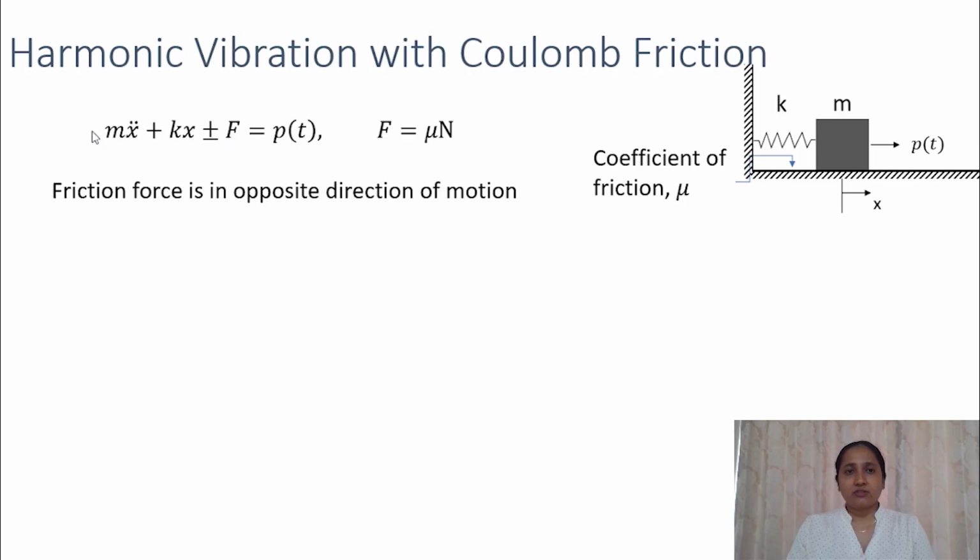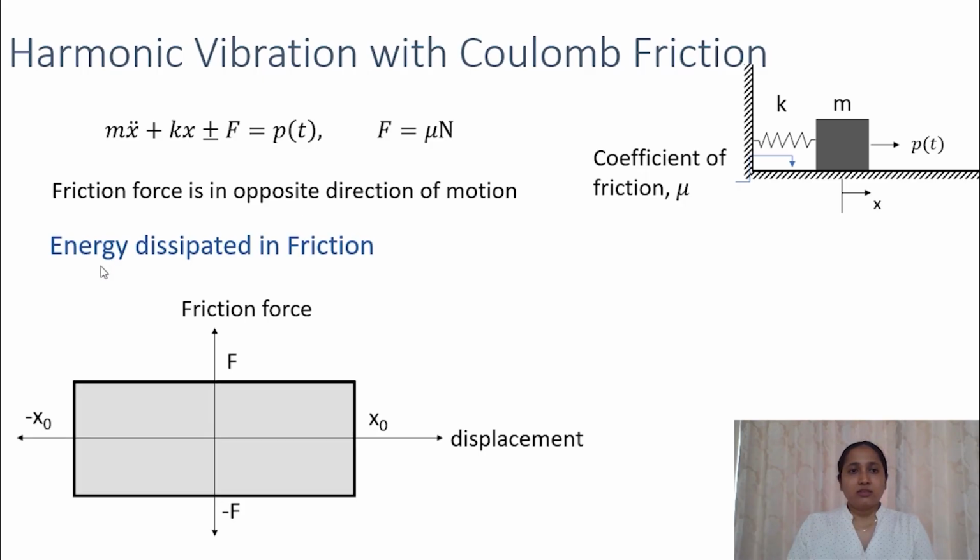We solved this equation for the free vibration case, so now we will not be solving this, but we will just examine some of the results. The energy dissipated in this friction is represented by this force displacement curve. As we discussed, when this mass is moving towards the right, the force will be acting in the opposite direction.